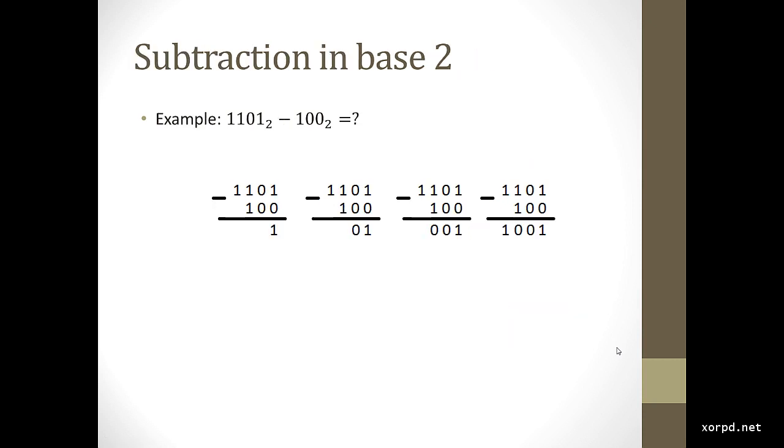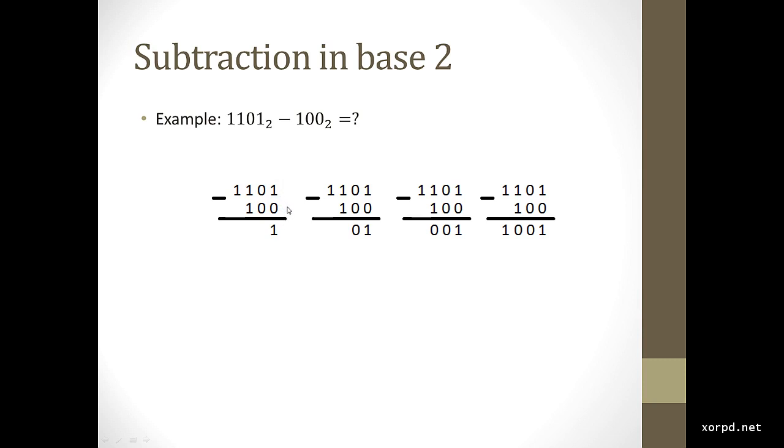Subtraction in base 2. We begin with a simple example where we don't have to do any kind of borrowing. 1101 minus 100 in base 2. We begin as usual by writing those two numbers vertically, aligned to the right. And then we subtract digit by digit.